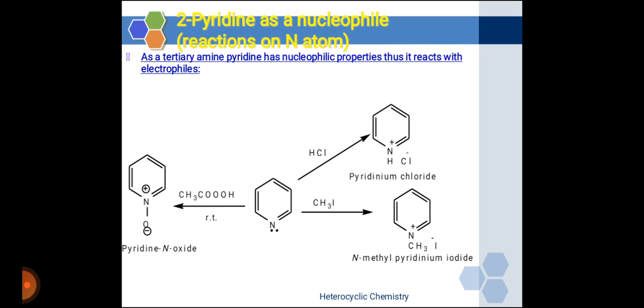Again, pyridine reacts with methyl iodide to form N-methyl pyridinium iodide, where nitrogen also donates its lone pair of electrons to the methyl iodide.